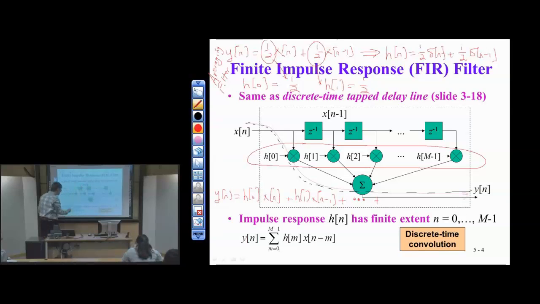And then the final term, h of capital M minus 1 times x of n minus the quantity capital M minus 1. There's my difference equation, if you want, although it doesn't involve any differences with the output signal.